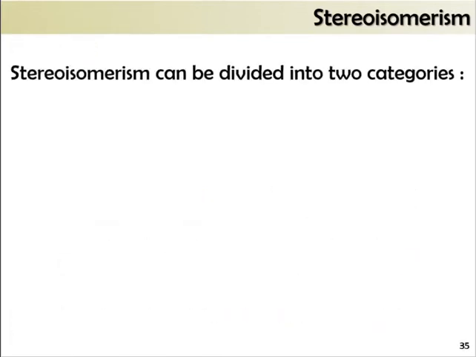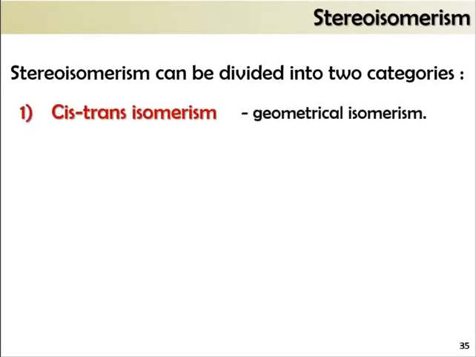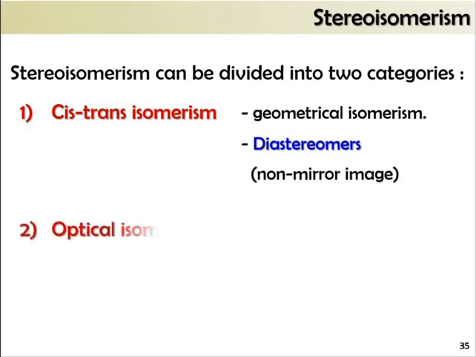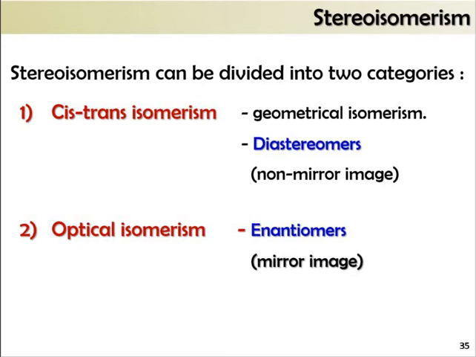Alright, so stereoisomerism can be divided into two categories. Number one, cis-trans isomerism or geometrical isomerism or diastereomers. Diastereomers is non-mirror image. Number two, optical isomerism or enantiomer, it is mirror image.